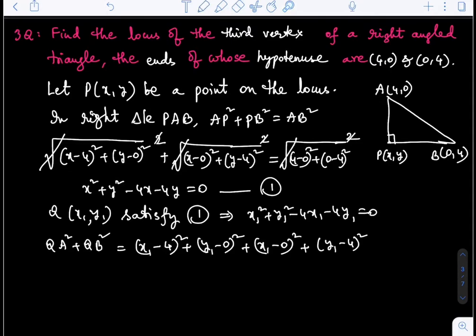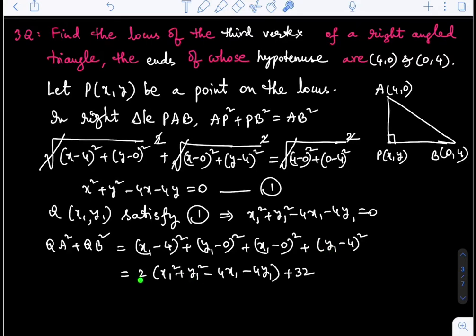And let us simplify after expansion. Then we get 2 into x1 square plus y1 square minus 4x1 minus 4y1 plus 32. I will explain you. What happened? X1 square, there are 2 terms, no? 2x1 square.